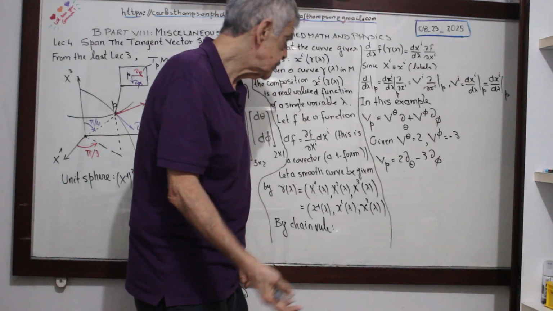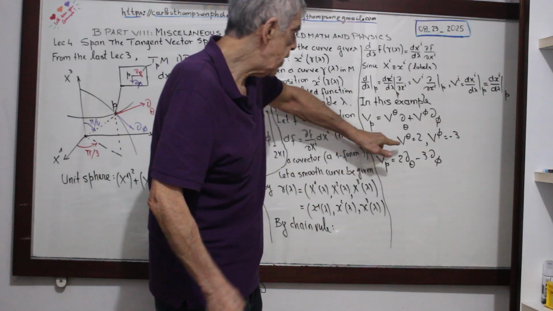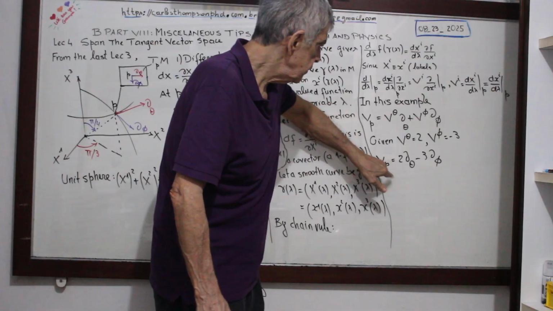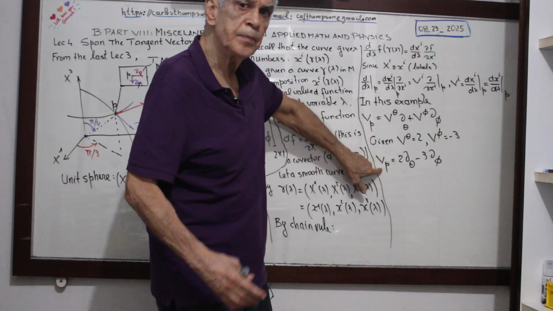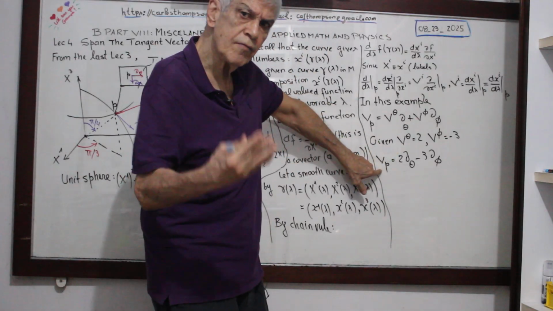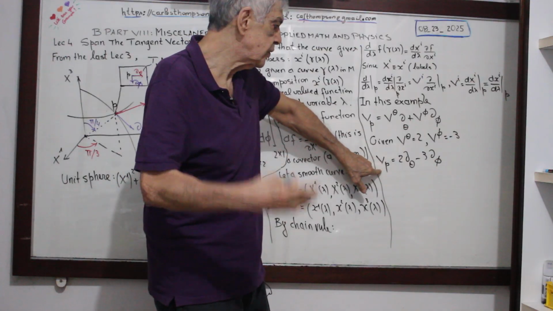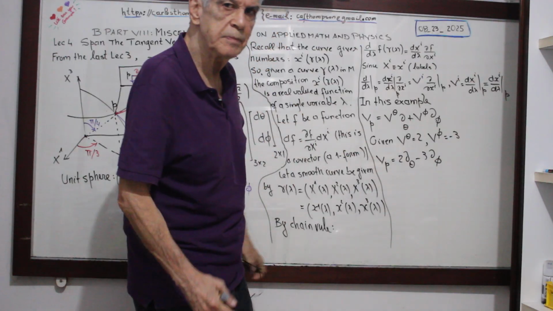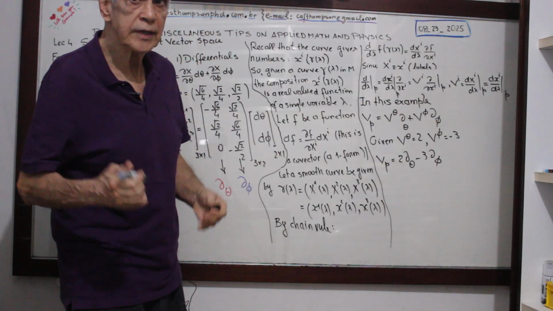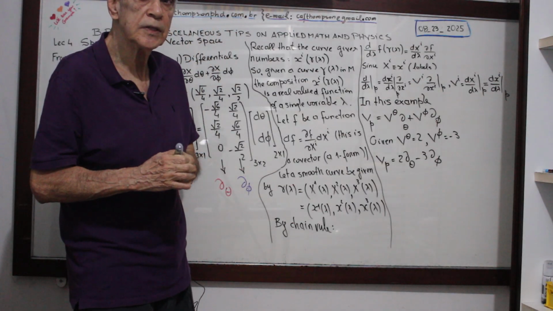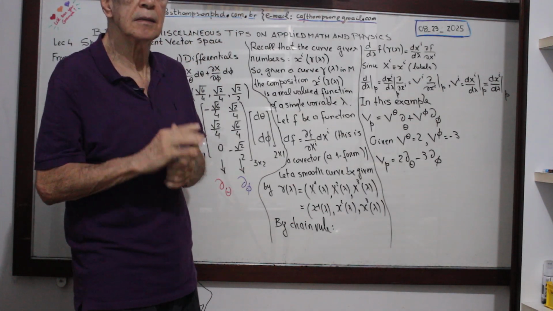Then given other components V theta and V phi, on the same point P, I can obtain as many vectors Vp as I want, because they belong to the tangent vector space at P.